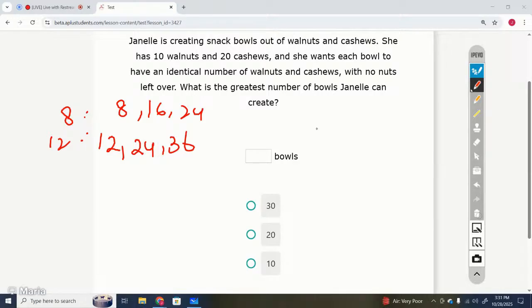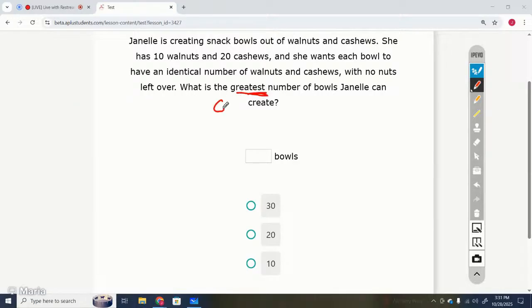Greatest number you need to find. So you need to find the greatest common factor.